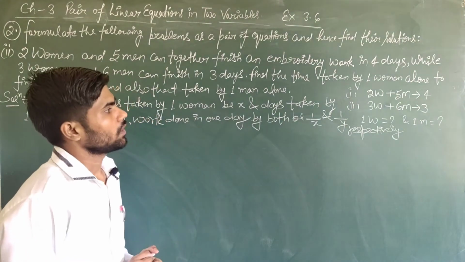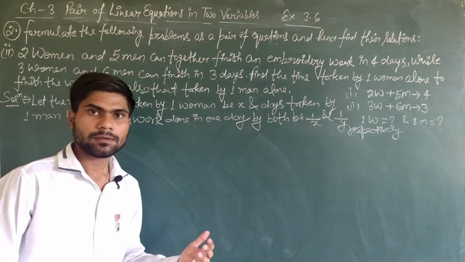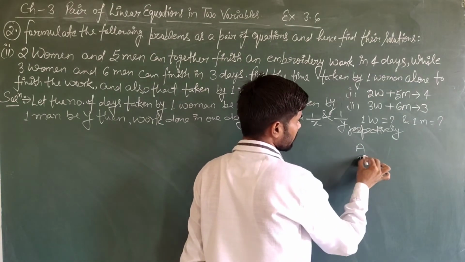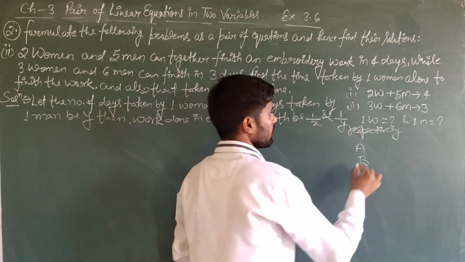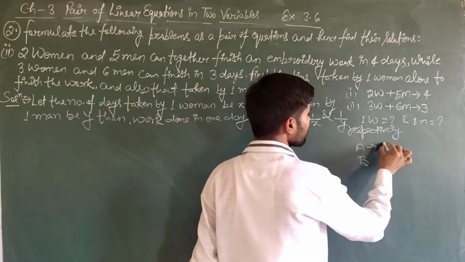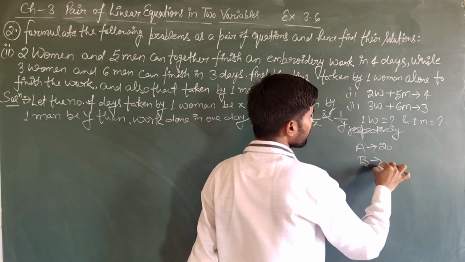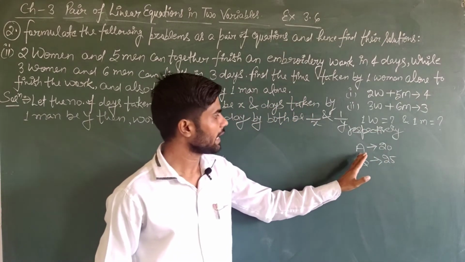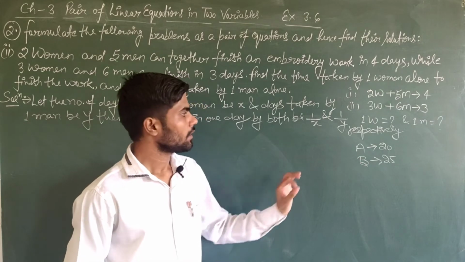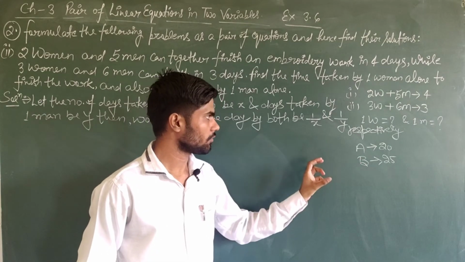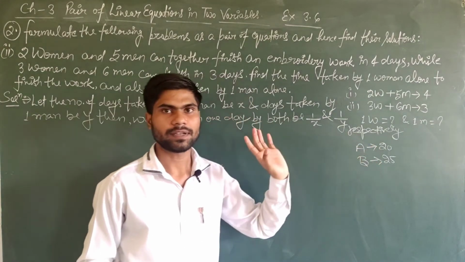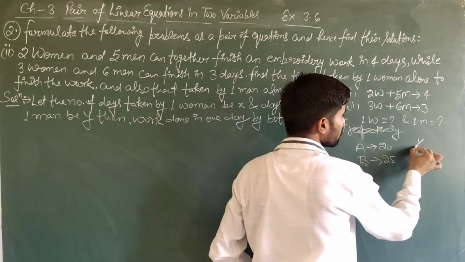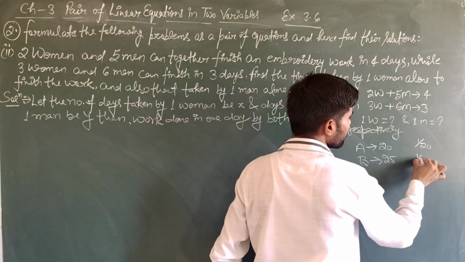Okay, now we can take an example. Suppose A is any person, B is another person. If A can take 20 days and B can take 25 days to finish a work, then work done in one day will be 1 upon 20 and 1 upon 25.